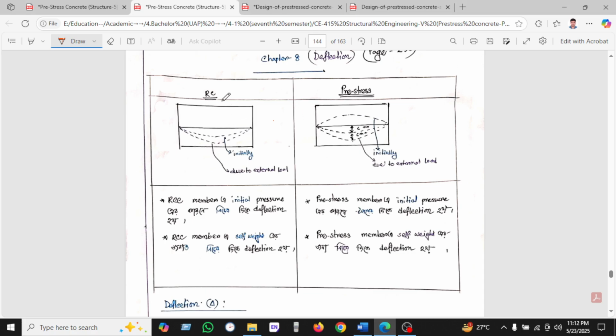So you can see here this is the reinforced beam, and this is the prestressed beam.